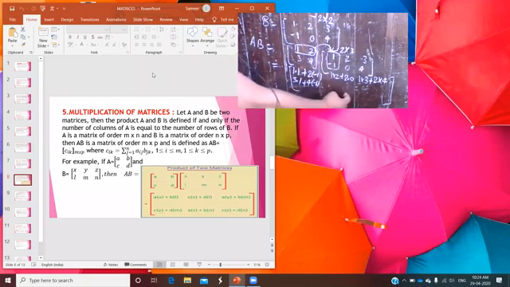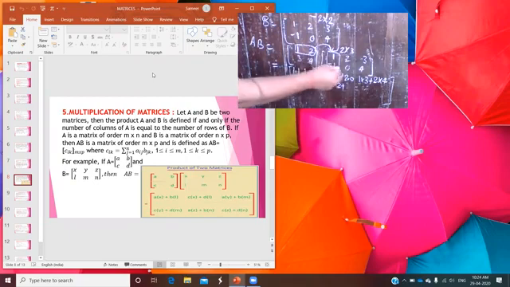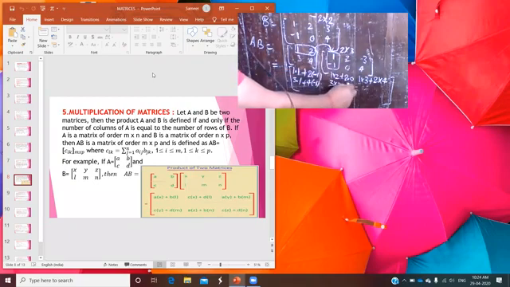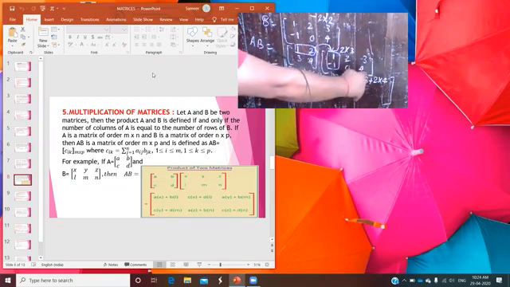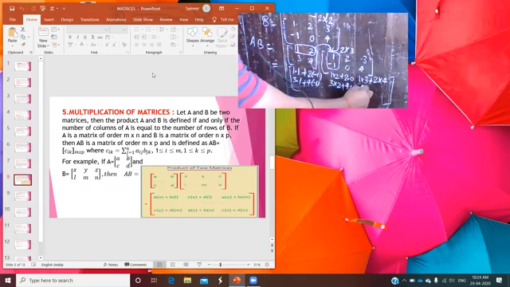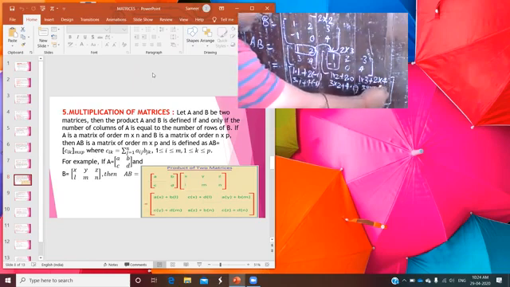So here you write the sum of the products. First with first, so 3 is multiplying by 2, plus second element with second element, 4 into 0. In the same way, second row, third column: 3 into 3 plus 4 into 4.